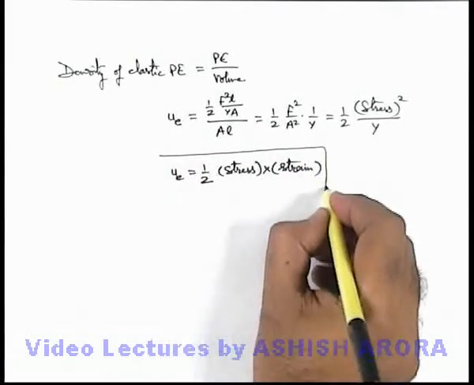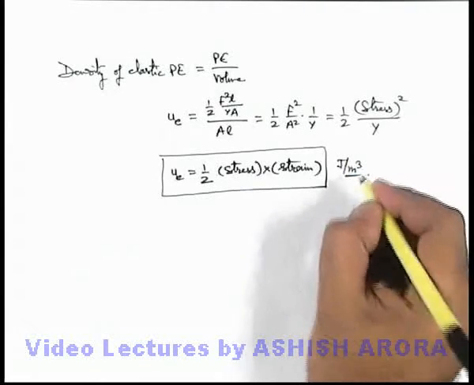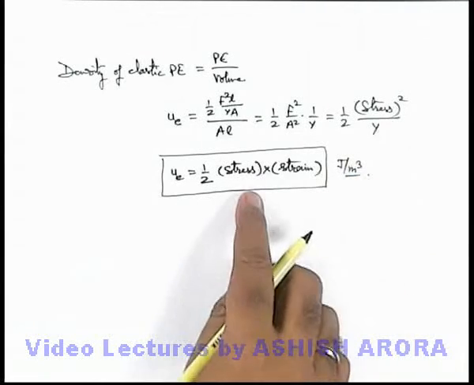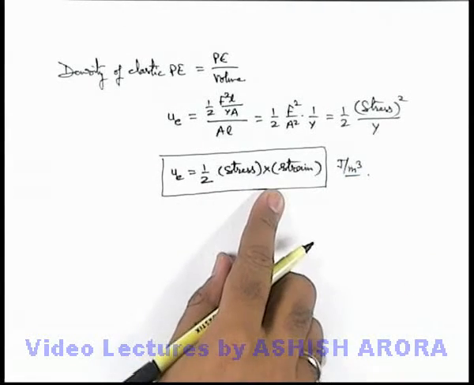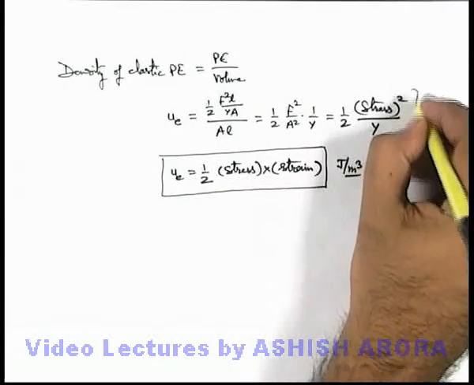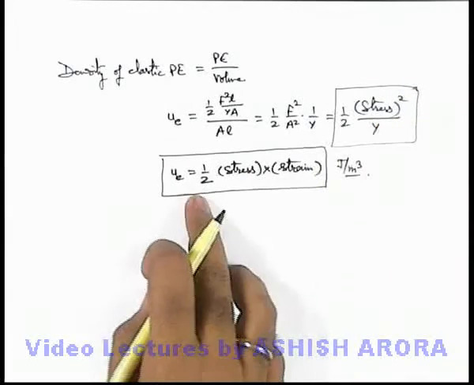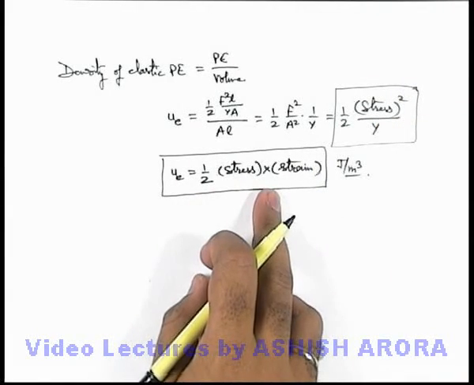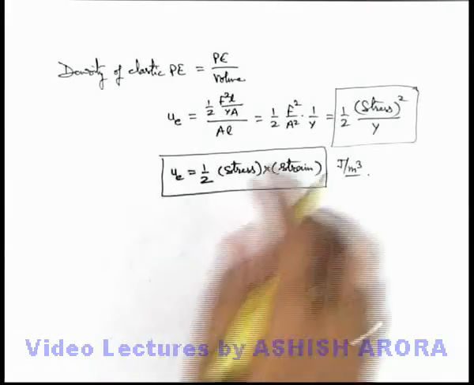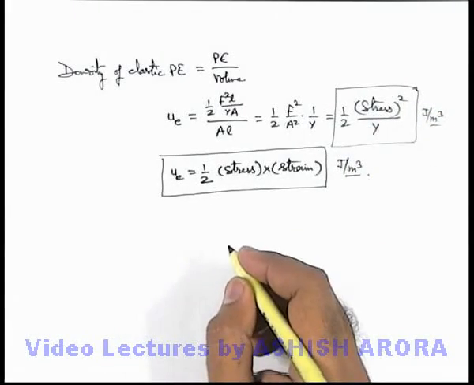This is the expression you should keep in mind, and the unit we use is joule per meter cube for calculation or measurement of this elastic potential energy density. Either of these relations you can use, half of square of stress by Young modulus or half of stress multiplied by strain, for elastic potential energy density in various numerical calculations.